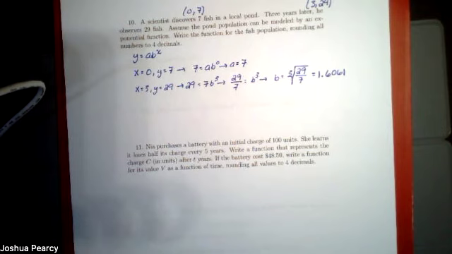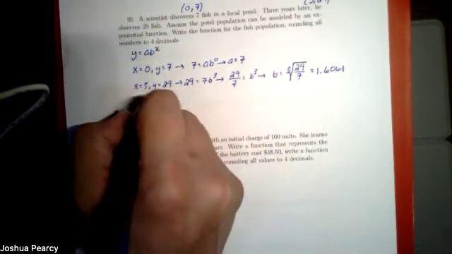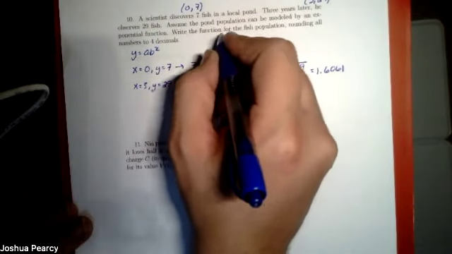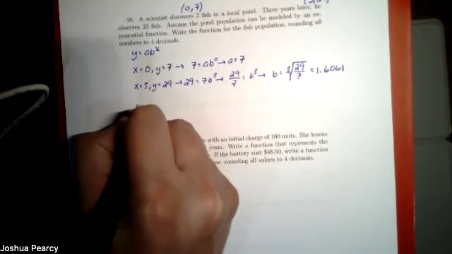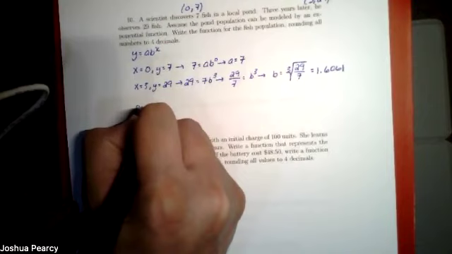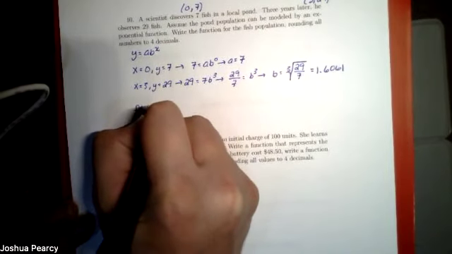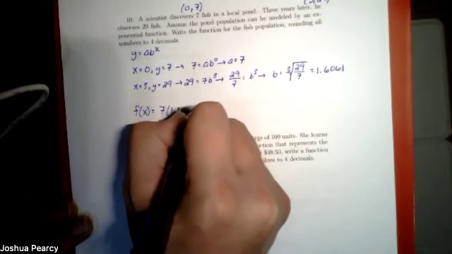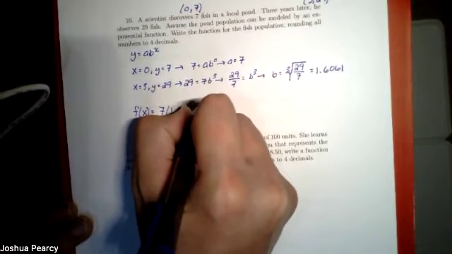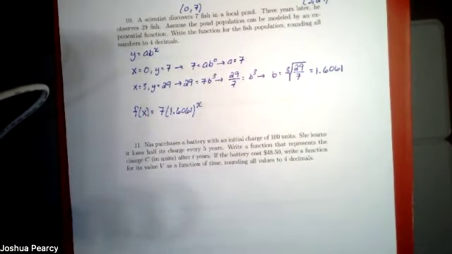So now we know what b is, and now we can write out the function. If we want to write it in function notation, remember function notation looks like f of x. So we could say f of x is equal to 7 times 1.6061 to the x power. And that's how we do that one.